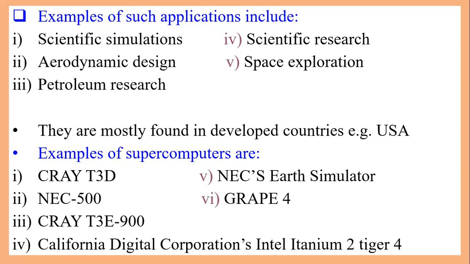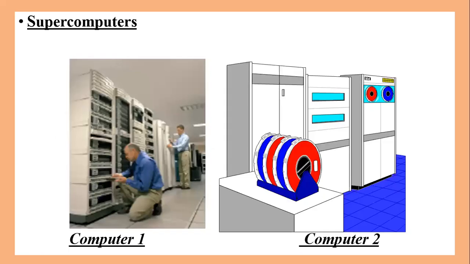They are mostly found in developed countries such as the United States of America, and examples include Cray T3D, NEC 500, Cray T3E 900, California Digital Corporation's Intel Itanium 2 Tiger 4, and NEXT, amongst others. Supercomputer examples are as illustrated on the screen.